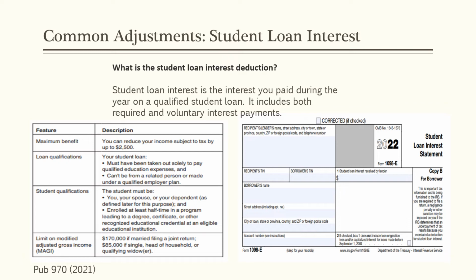And this deduction is limited based on modified adjusted gross income, which is phased out between 170,000 if married filing a joint return, or 85,000 if single, head of household, or qualified widow.